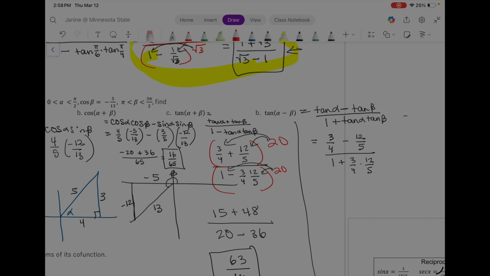Now I'm going to do the same thing as I did a little bit ago and multiply top and bottom by a 20. I will get 15 minus 48 over 20 plus 36.